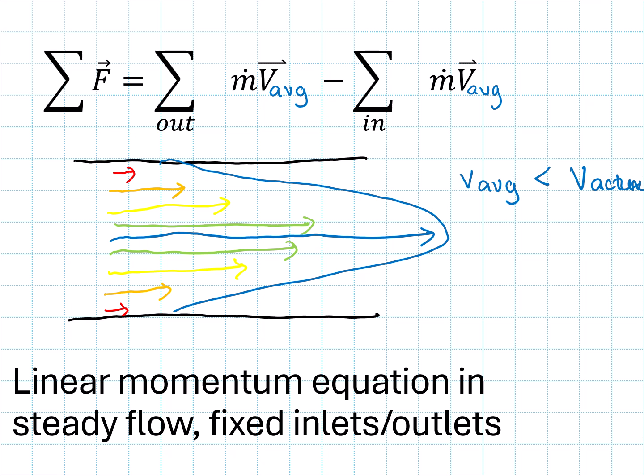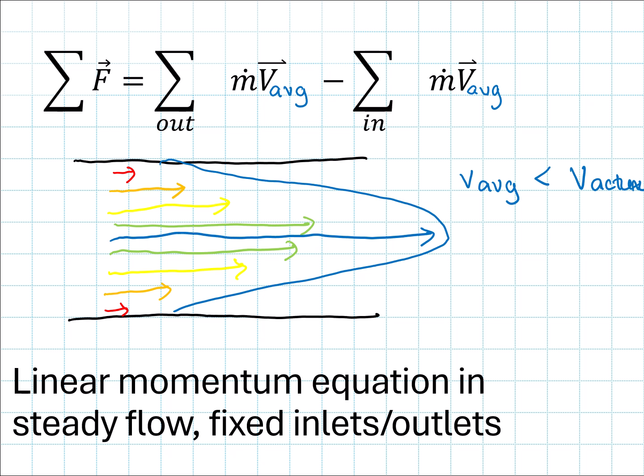Right, so this V average is always going to be smaller than the actual velocity. So if I use that V average to calculate momentum flux, I'm going to systematically underrepresent the amount of momentum flux that's happening through each of my inlets and outlets.